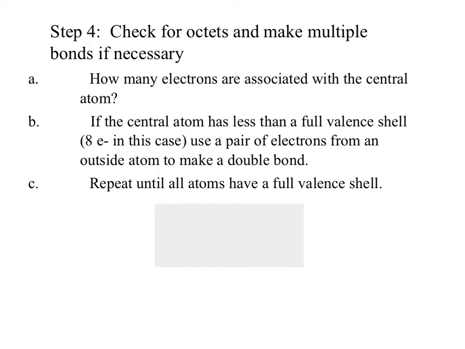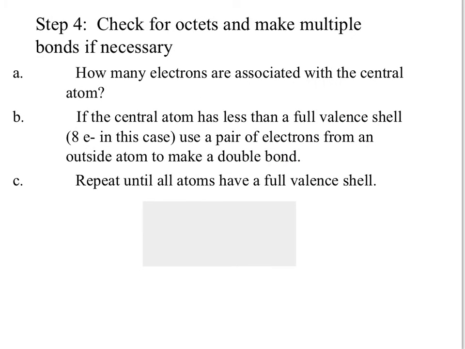Okay, so let's redraw where we were. We have carbon connected to each of the oxygens, and we have 3 pairs of electrons around each of the oxygens. So the next thing that's important is to make sure that each of the atoms has a full valence shell. In other words, each of the atoms in my structure has 8 electrons around it.